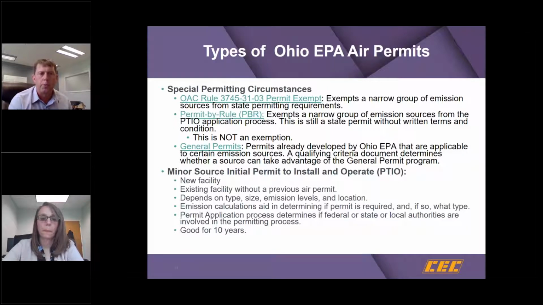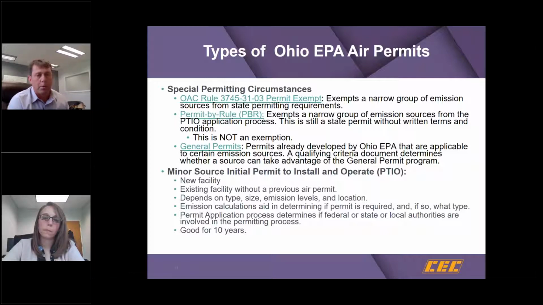They actually have permit by rule. The way that works is if you have a new facility that's never been permitted and you're going to get a PBR, you just submit that. And once you have confirmation of receipt of the PBR application, then you are authorized to operate that facility.